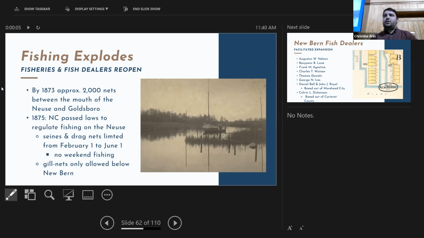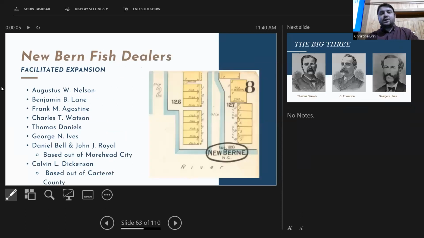And gill netting is pretty much confined to the area below New Bern, where the Neuse is much wider, and some of the fish are able to get around those nets. But they're doing this out of a concern already for overfishing, only 10 years after the Civil War ended.